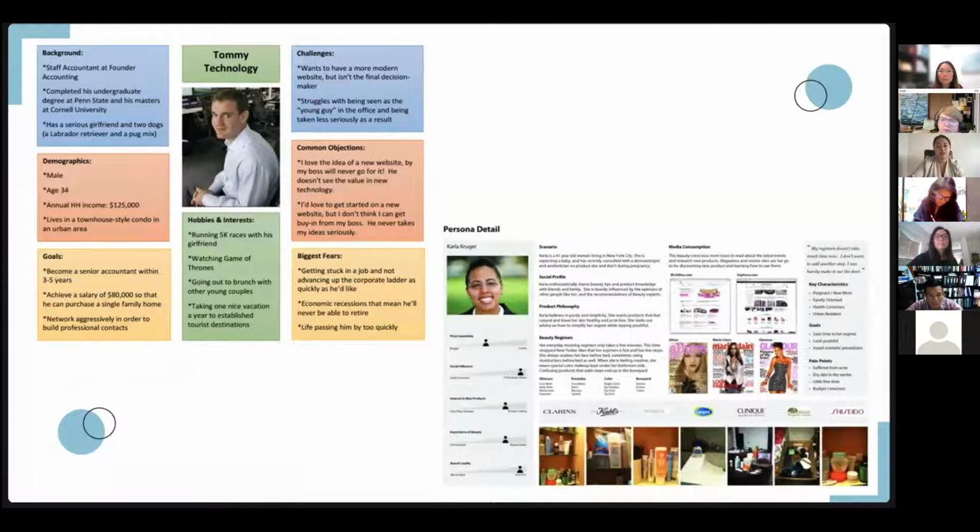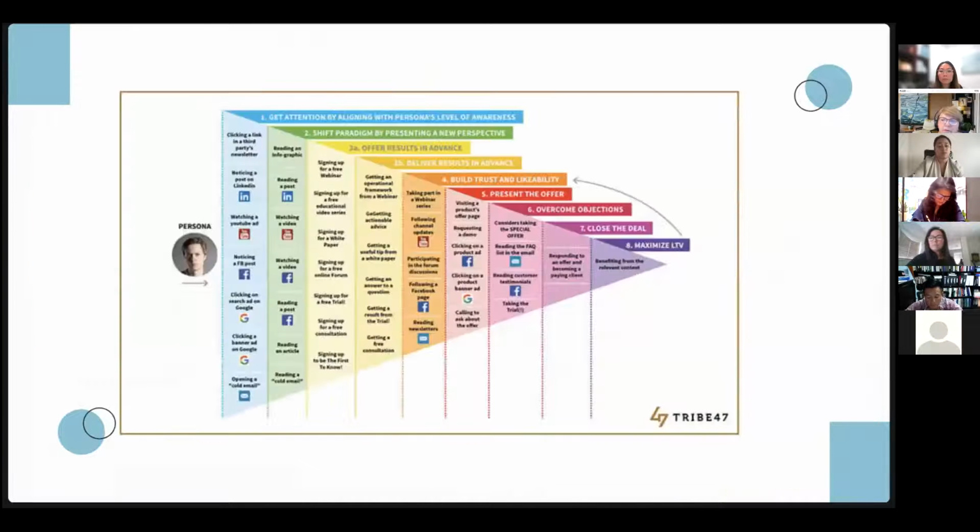And once you have defined who that customer persona is, you're going to go into, of course, the sales funnel. So this is kind of just a really broad overview of what it would look like. The persona goes into the top of the funnel and makes its way through in each of these different segments.